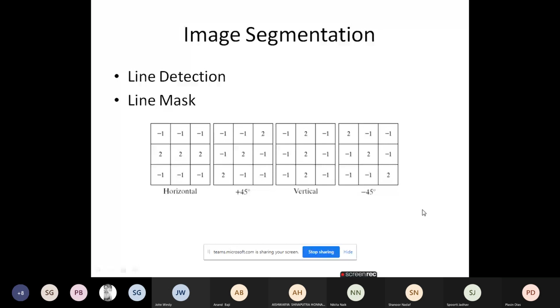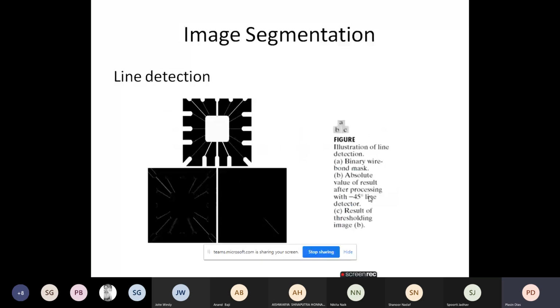What windowing values do you have to consider when we consider it as a line mask, horizontal or vertical, plus 45 degree and minus 45 degree? And lastly, the last figure will show what the wire bond mask is and what the result is after processing with the minus 45 degree line mask. And if you do thresholding, how the image will look. That is what is represented in the given picture.